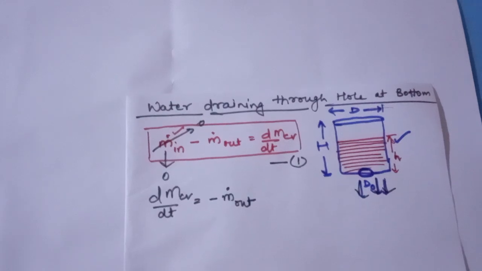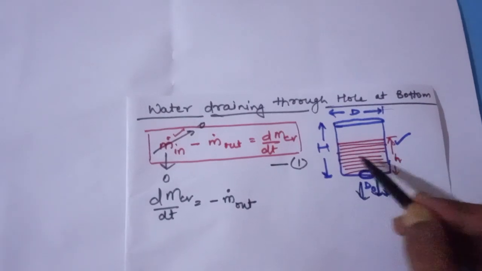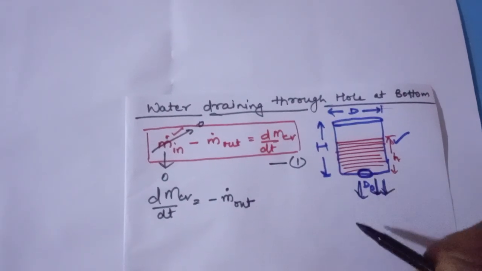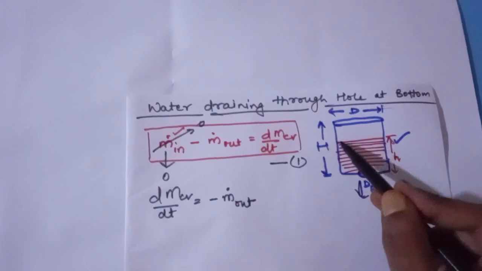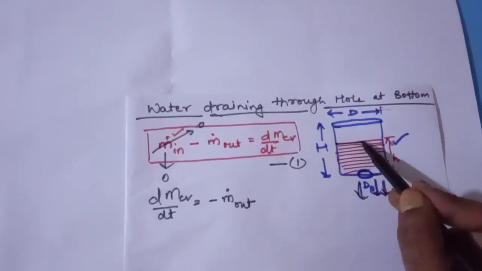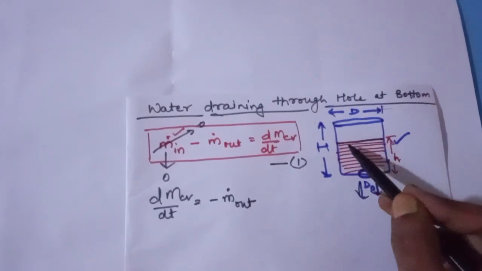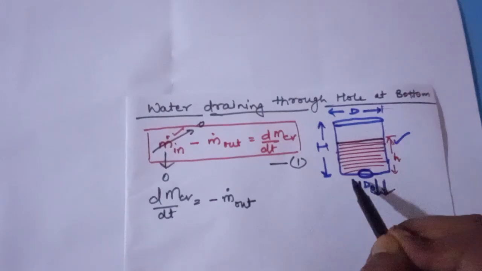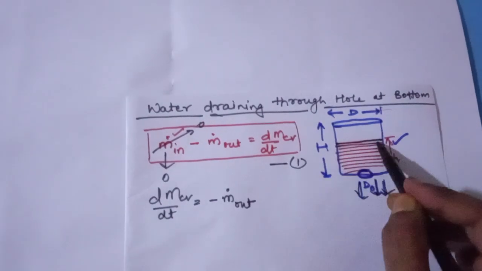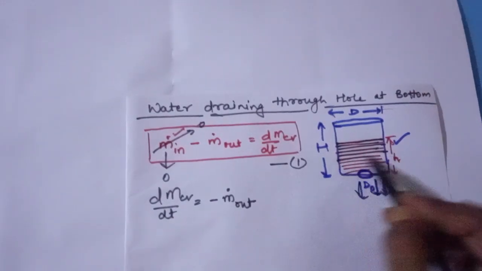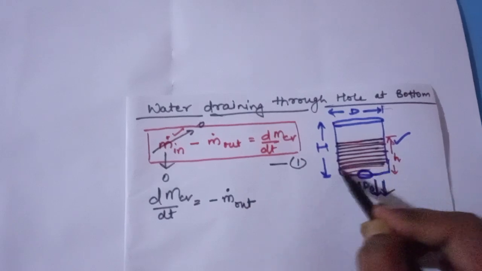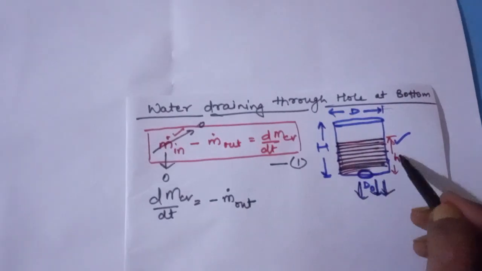Now we have to write the mass within the control volume at any time t. Previously I told you that at any time t, the height of the liquid in the tank is h. So we have to find the mass of the liquid up to the height of small h.